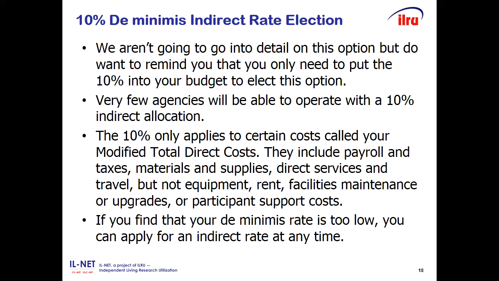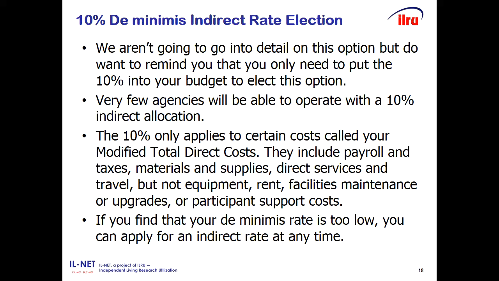And it's really not 10%. I mean, when you apply your indirect cost rate, you apply it to your base, either total direct cost or total payroll. With your 10% de minimis, you apply this only to what is called modified total direct cost.